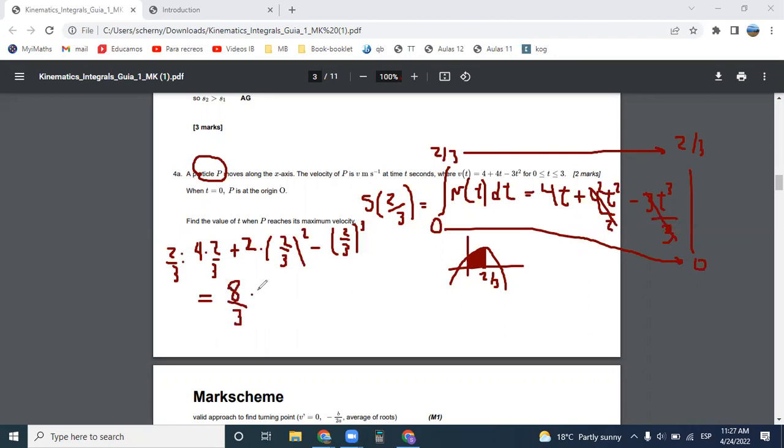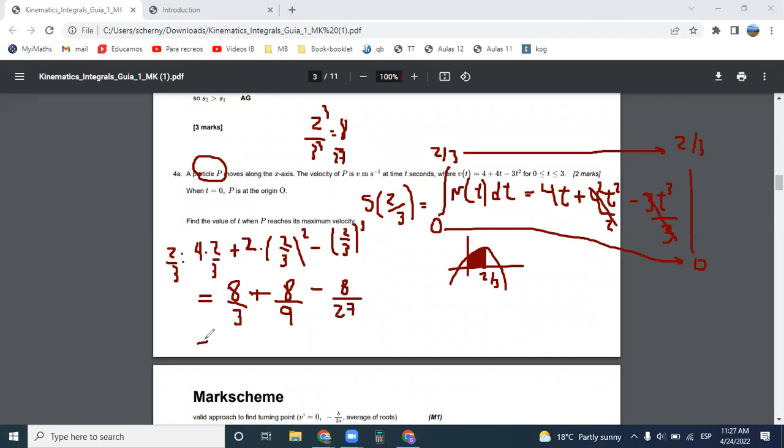Then plus 2/3 squared is 4/9, so 2 times 4/9 is 8/9. And here we have minus 2/3 to the power of 3. This is basically 2 to the power of 3 over 3 to the power of 3, which is 8/27. So we get minus 8/27.